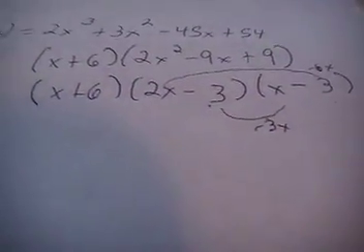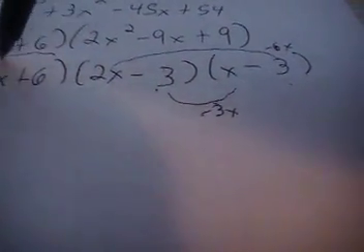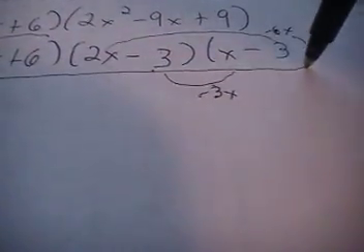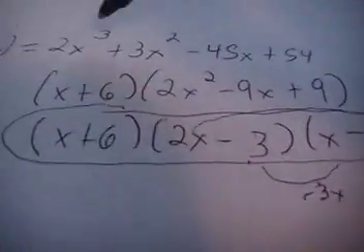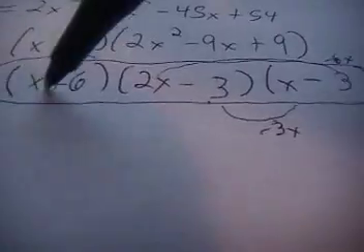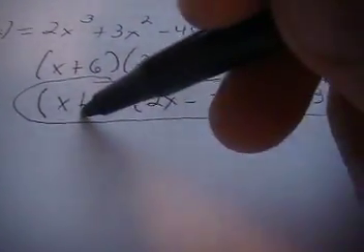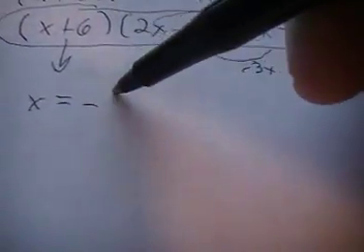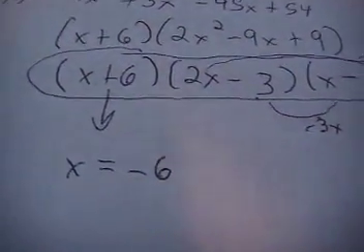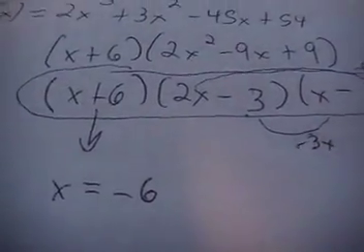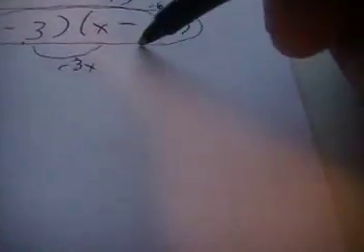Plus I already have the x plus 6 factor. So there's 3 factors to this problem because the highest exponent was a 3. These are the 3, and this is the answer to this problem. We could also get zeros by setting each of these equal to 0. There would be 3 zeros to this problem, negative 6, which we already knew because they told us that one. We could get positive 3 also.